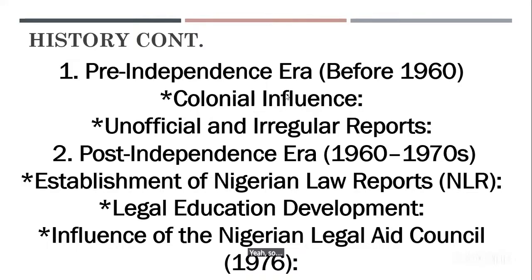So for number 2, which is the post-independence era, which we classify as between 1960 to 1970s, there was the establishment of Nigerian law reports, also legal education development, and then we have the influence of the Nigerian Legal Aid Council, meaning that at this stage, we have moved from the unofficial and irregular reports to the establishment of the Nigerian law reports.